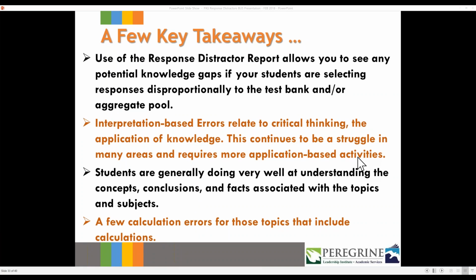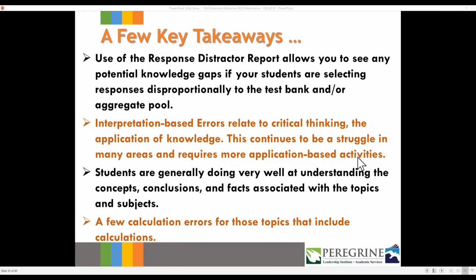So just to go over the key takeaways, the Response Distractor Report helps you to identify the potential knowledge gaps of your students when they are selecting incorrect answers at a disproportionately higher rate than the occurrence in the test bank and the aggregate pool.